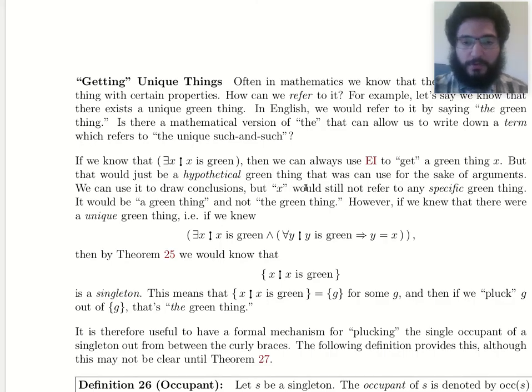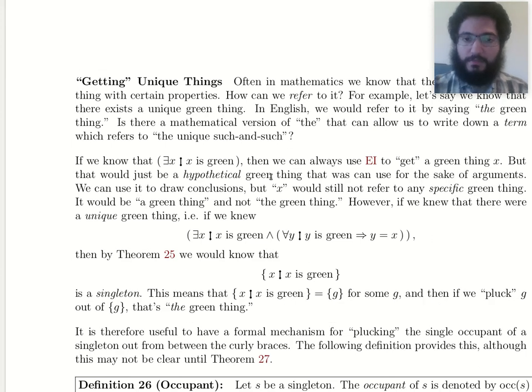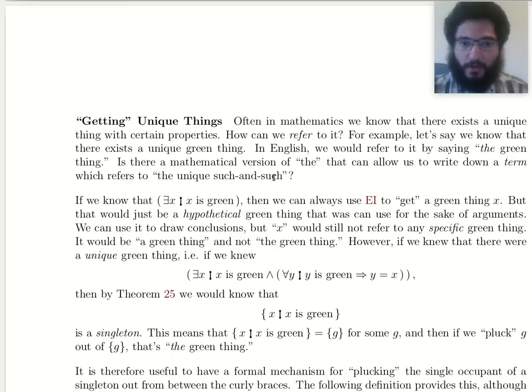This is a subtle point that we were discussing back here on page 60 in the notes, where if all you know is that there is a green thing, then yeah, you can use EI to get a green thing in an argument. But it's always hypothetical. It's not an actual specific green thing. You haven't defined one. All you've done is bring one into your proof so that you can argue for something else.